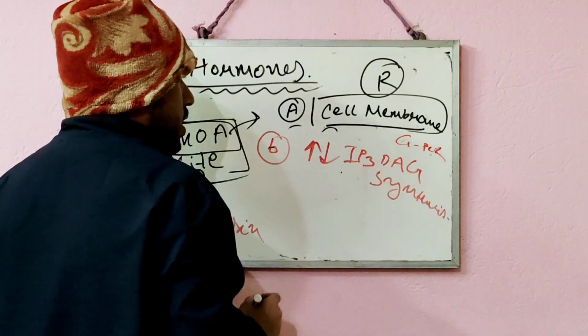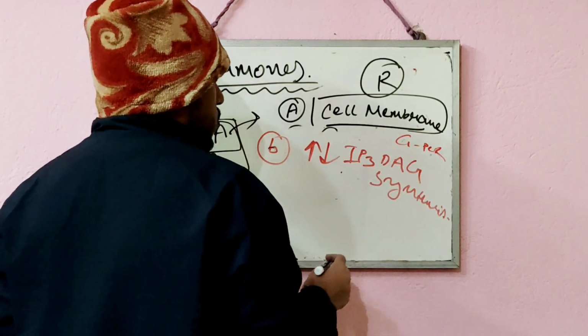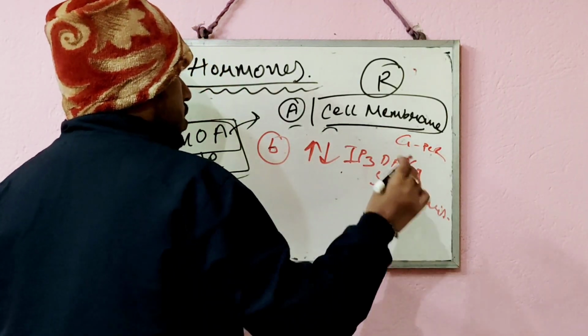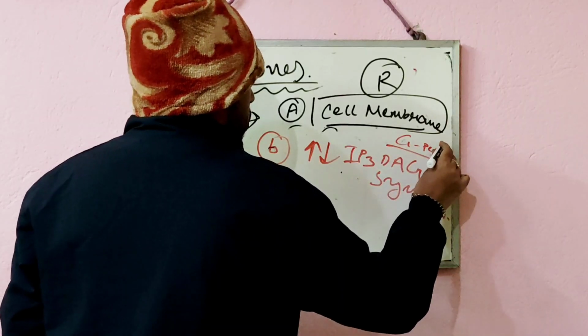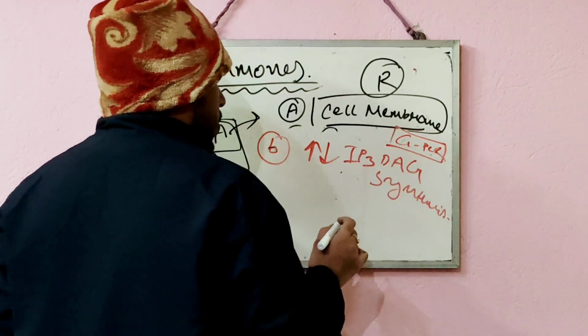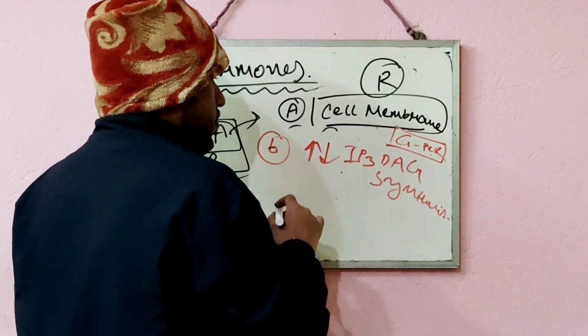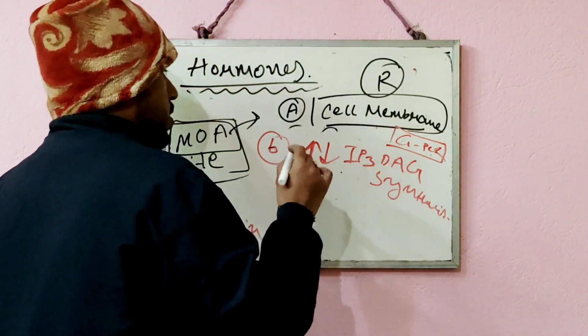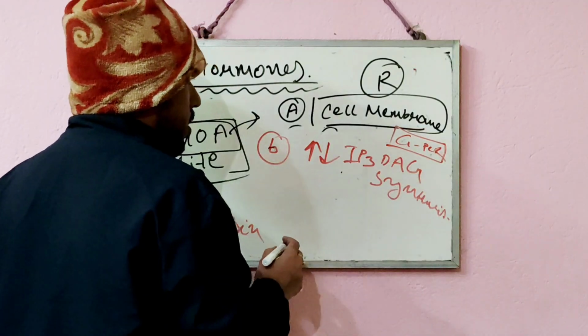We have studied IP3 and DAG. If you want to know what IP3 and DAG mean, you can check out our video related to the G protein coupled receptor that I have already discussed in my previous classes. You can check it out on my YouTube channel.